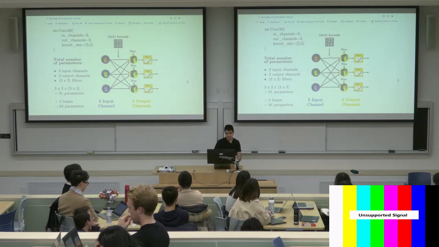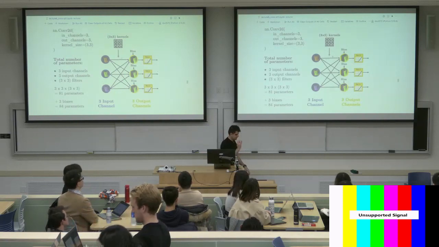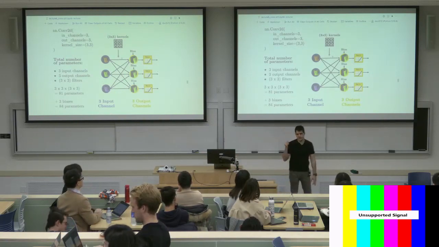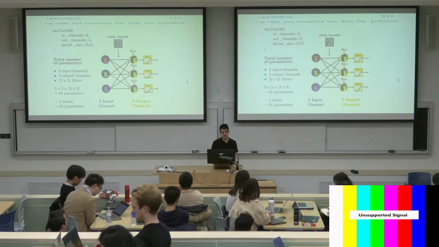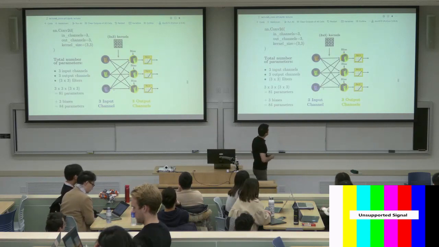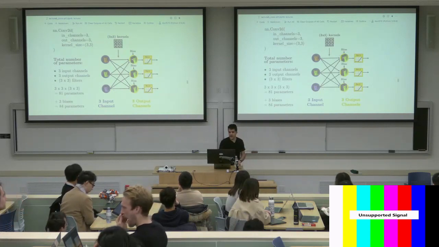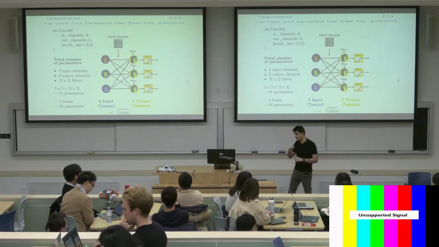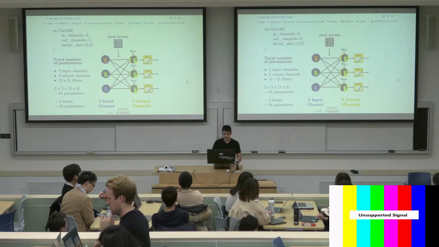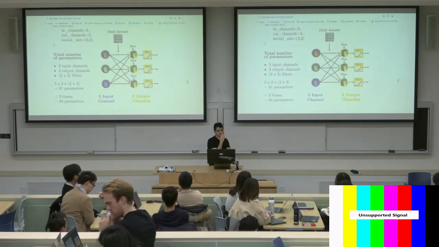So in this case, each of these links represents a kernel of size 9. So there's 9 there. We have 3 input channels, 3 output channels, so you multiply all together, there'll be 81 parameters, and for each one of those outputs, you add 1 bias parameter, meaning that we will have 3 biases in total for that layer, and that gives us 84 parameters.